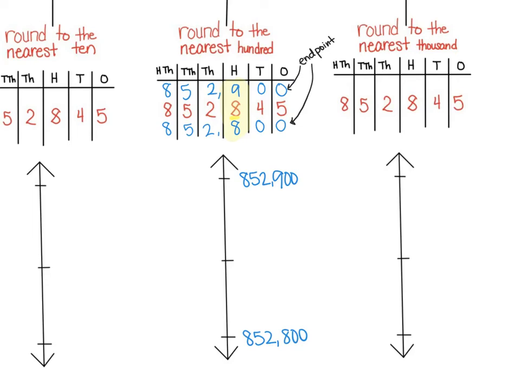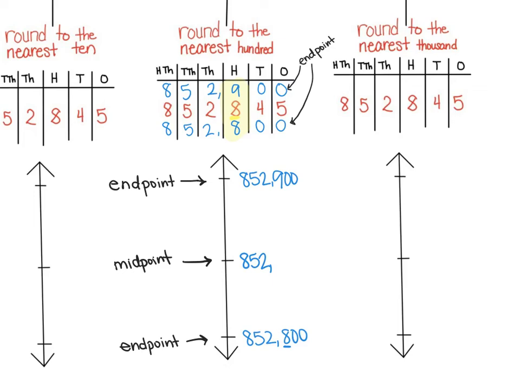Now let's find the midpoint. We know that 852,000 is going to stay the same. Now, because we were looking at the hundreds column, everything between this endpoint and this endpoint are going to be in the 800s, because we'd be like 801, 802, 803, 804, 805, all the way up to 899.